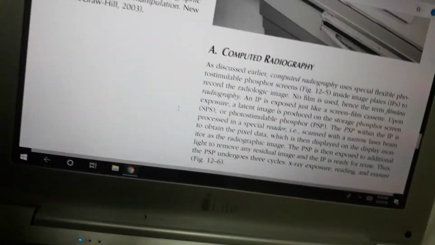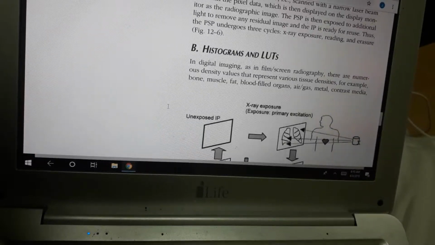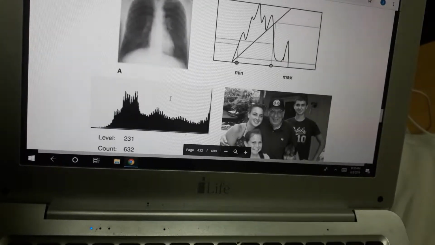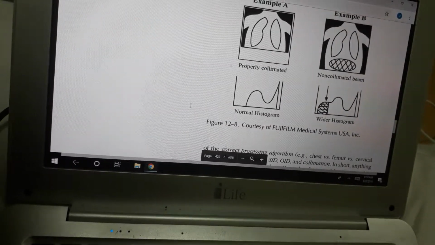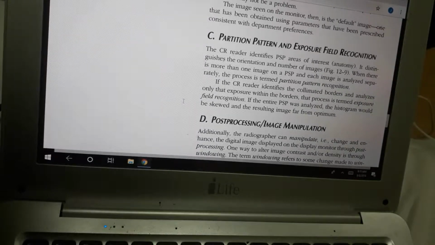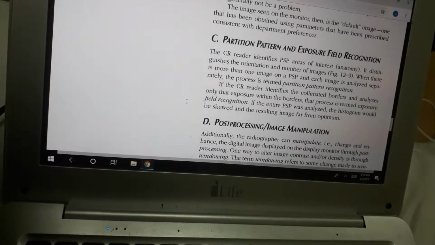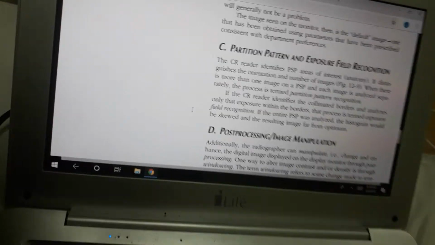Computer radiography, histogram, value, partition pattern and exposure field recognition.